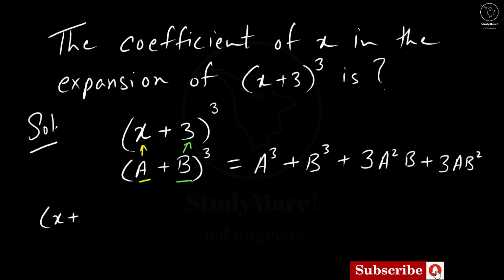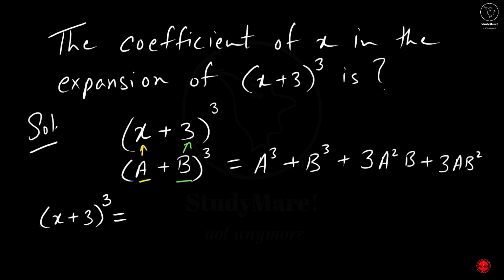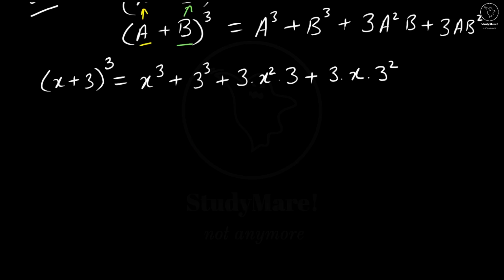(x + 3)³ will be equal to a³, that means x³, plus b³, that means 3³, plus 3 into a², that is x², into b, which is 3, plus 3 into a, that is x, into b², that is 3².